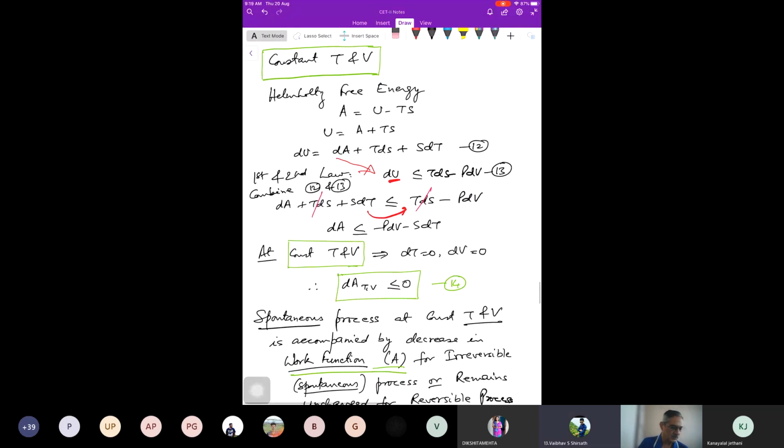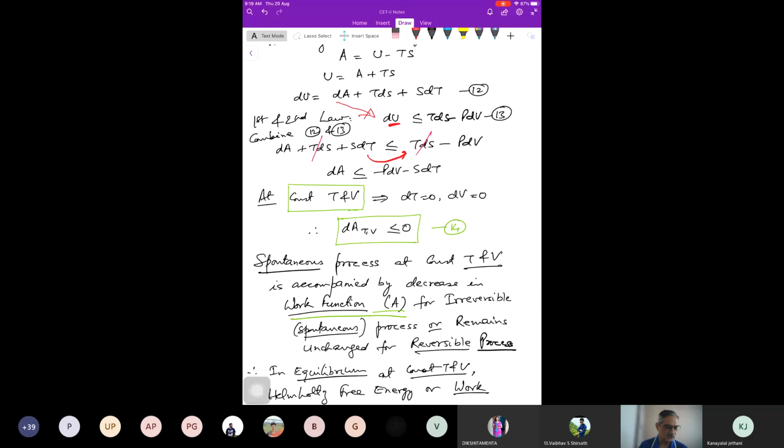Okay, so what this means is spontaneous process at constant temperature and volume is accompanied by decrease in work function, right? For irreversible process. Less is for irreversible, equal is for reversible, as usual. Right? Or remains unchanged for reversible process. For reversible, it is 0.